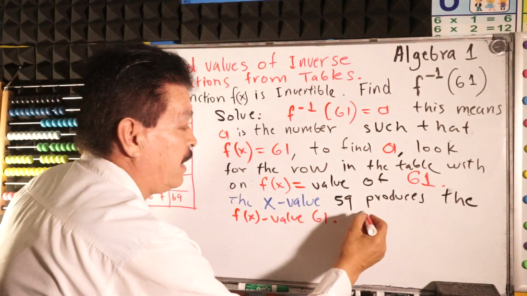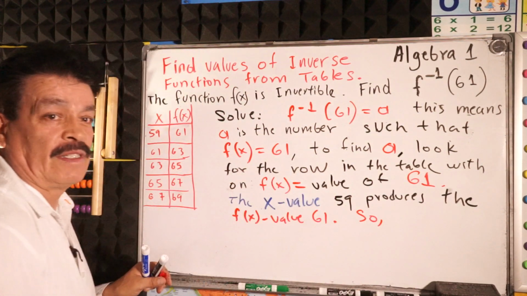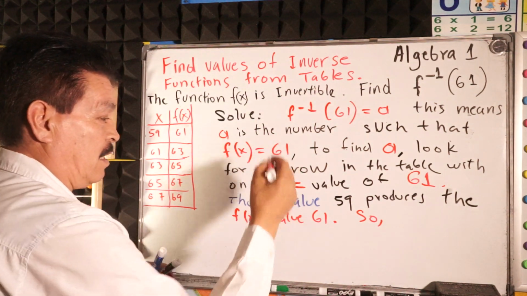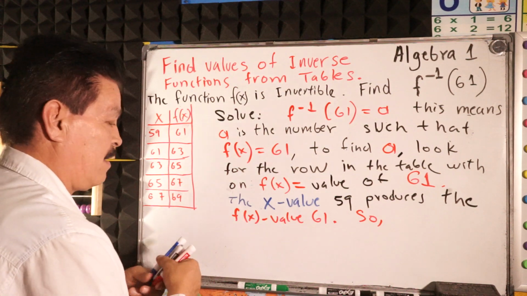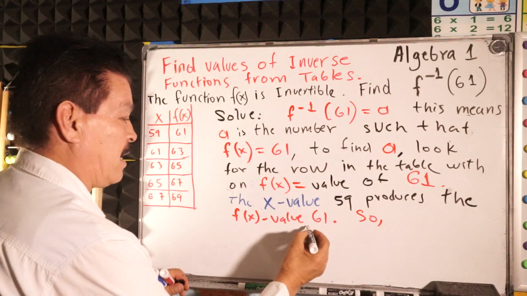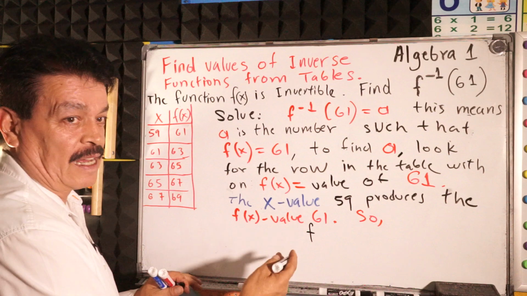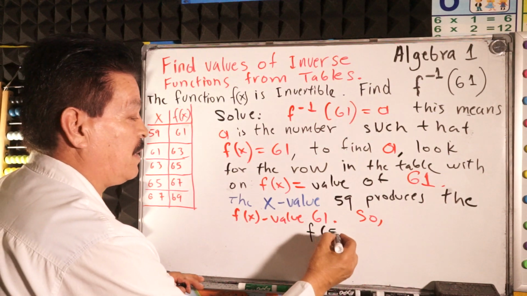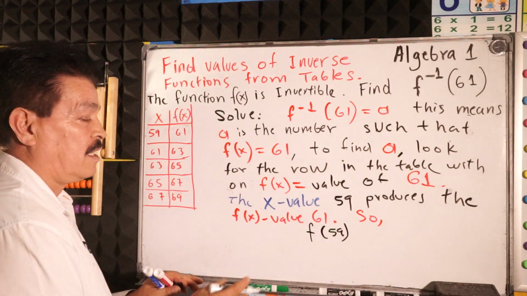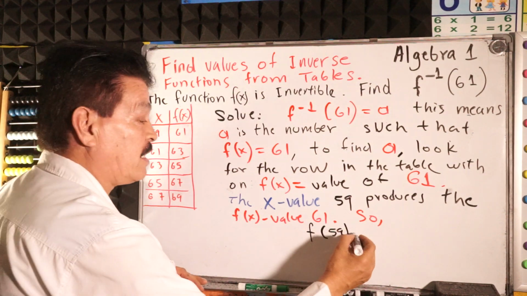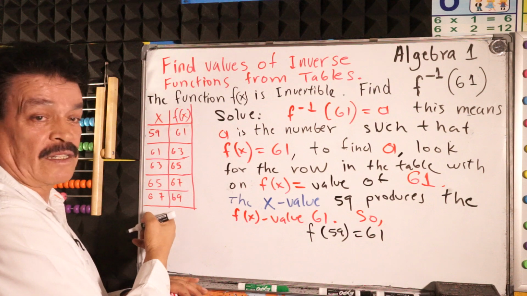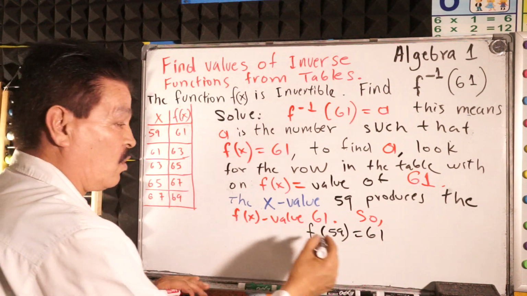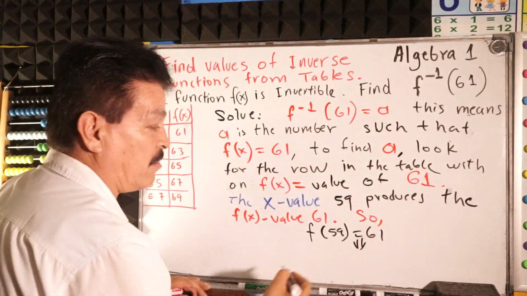So here is our conclusion. We can write it like this. f of 59 equals 61. I write it right here, the same as on the table.